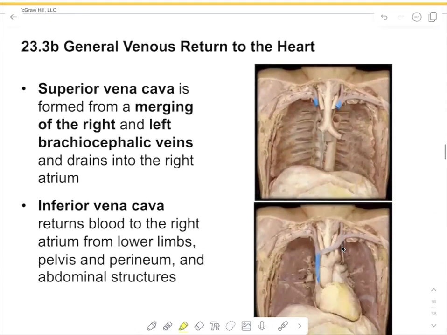And we can see then some of the veins shown on this particular slide. For example, in the image to the right of this cadaver image, you can actually see the brachiocephalic veins. I'm sorry, not trunks.